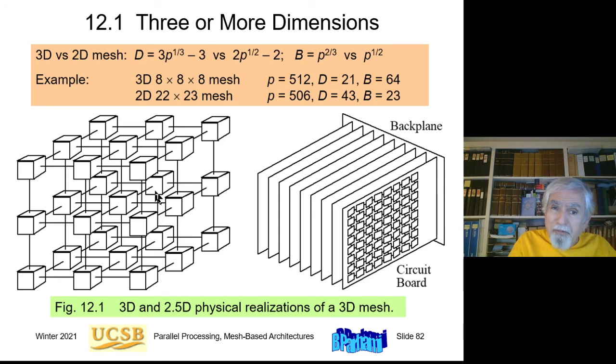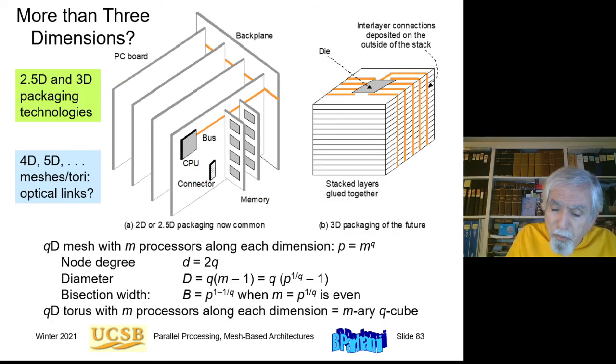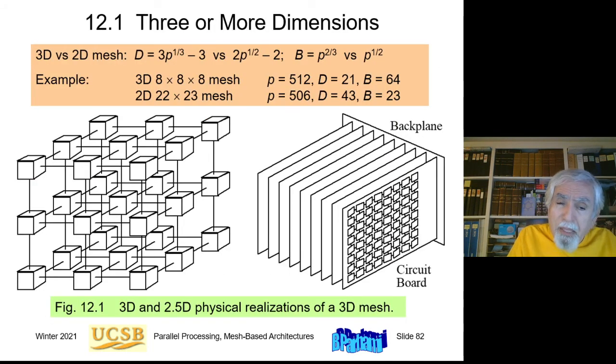And the diameter of a 3-dimensional mesh is smaller for the same number of processors. It's basically order cube root of p, instead of order square root of p. However, we can't really build, at least not at present, a truly 3-dimensional structure.